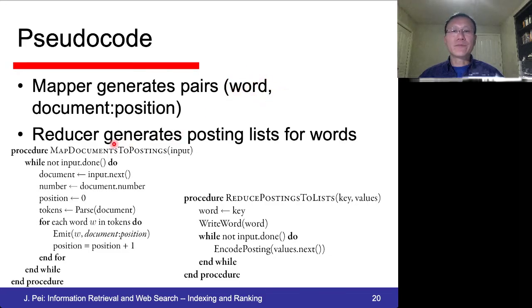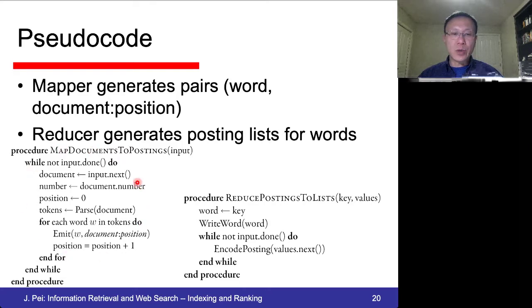Therefore, the reducer only needs to sort all the document positions according to the document ID and position. Then, naturally and straightforwardly, output the posting list.